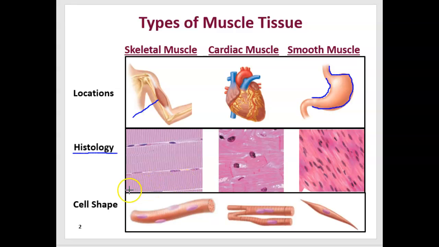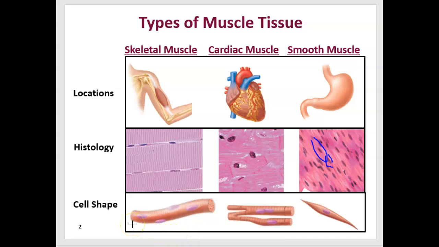And so you'll recognize the striations in skeletal muscle tissue and the intercalated discs in cardiac muscle tissue, and probably also the longitudinal and tapered nuclei within smooth muscle cells. So these microscopy images illustrate that the cells are quite different in each of the three muscle tissue types.